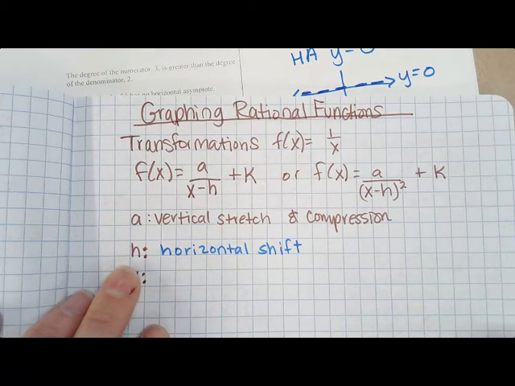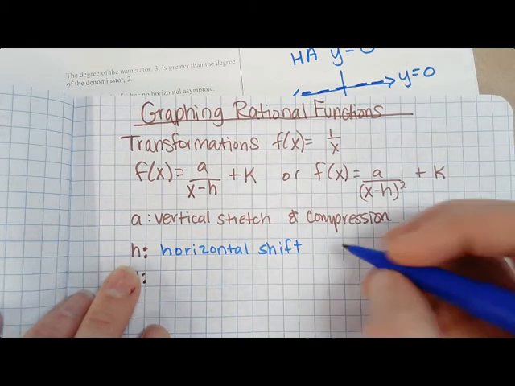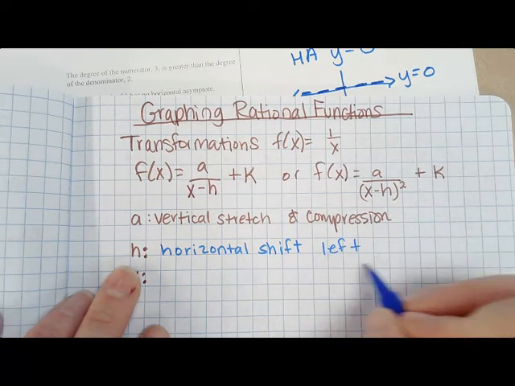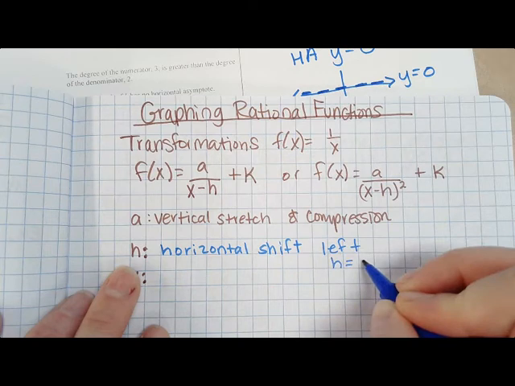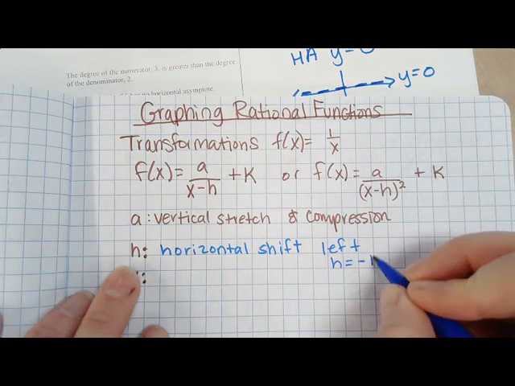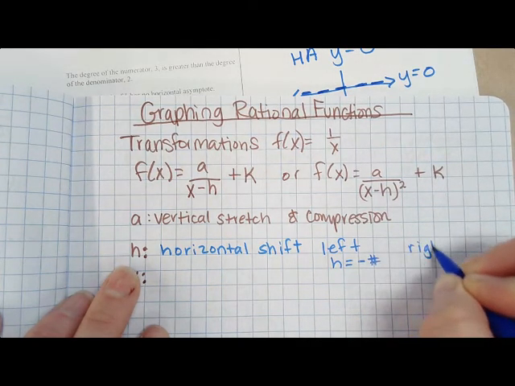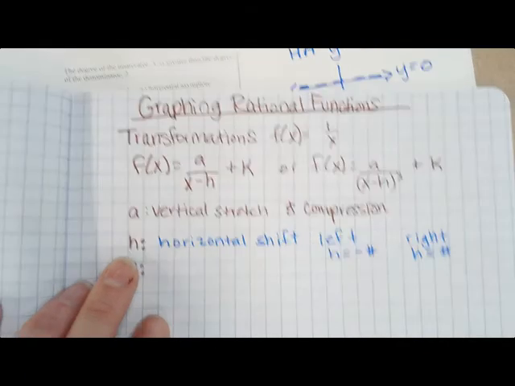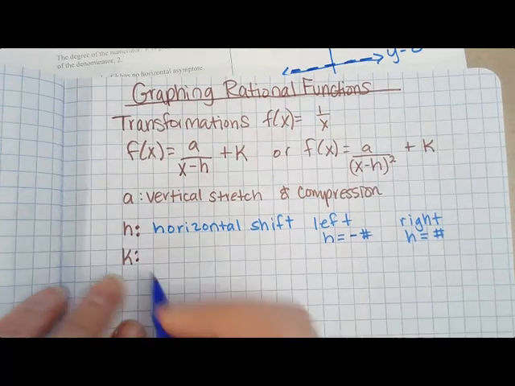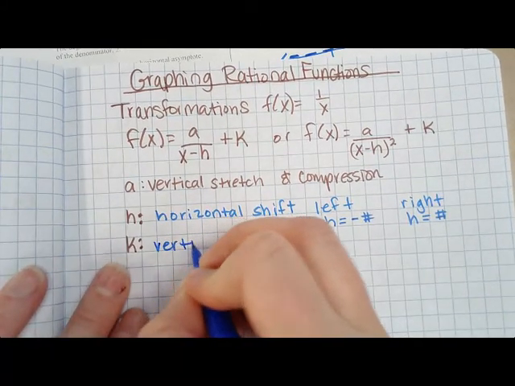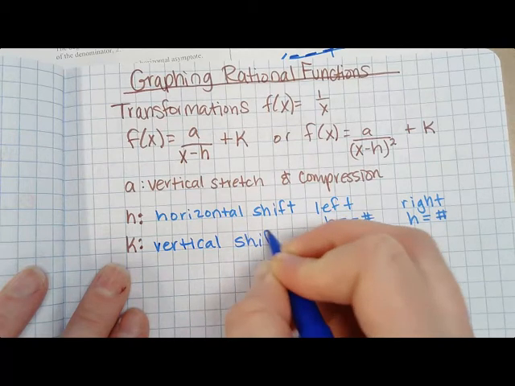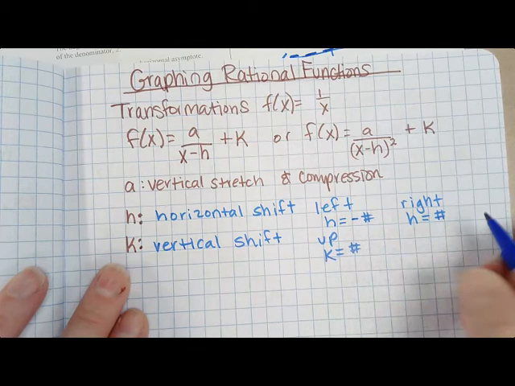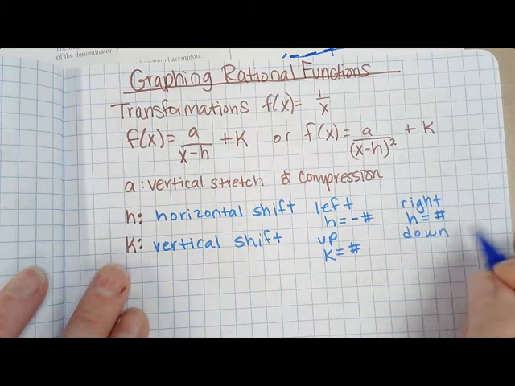So it'll go either left or right. Left if H equals a negative number, and it'll go right if H is a positive number. And then K is going to be our vertical shift. So up is whenever K is positive, and down is if K is negative.